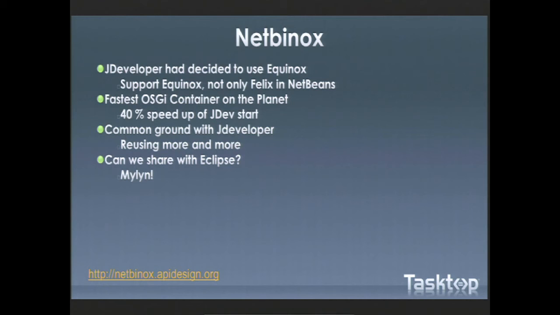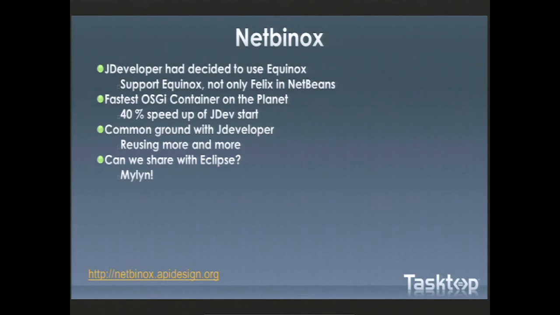It had just one problem. The JDeveloper guys decided to use Equinox. So I needed to integrate NetBeans also with Equinox. And surprisingly, that was easier than integrating Felix, because I like to say that Equinox is not an OSGi container.